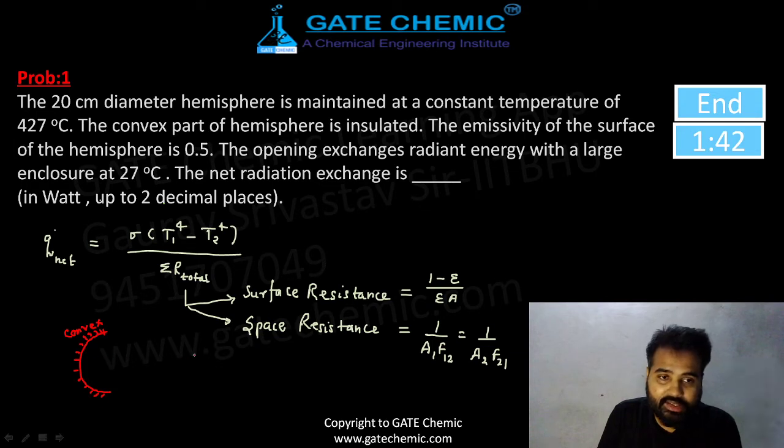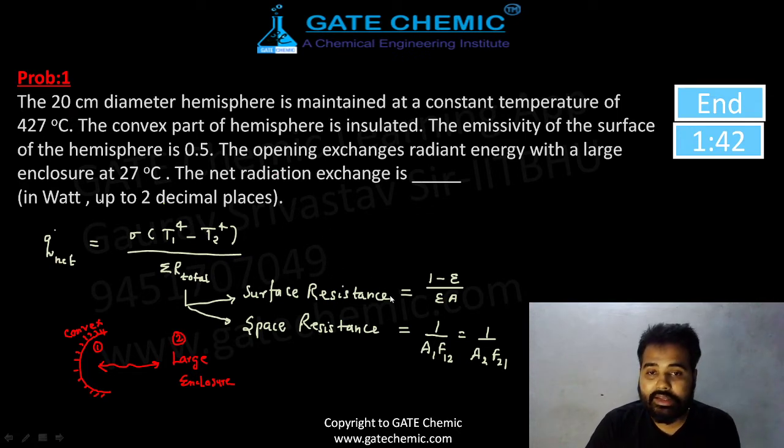This is present in a large enclosure and exchanging heat with this large enclosure. You can write this inner side as surface number 1 and this large enclosure as surface number 2. So I hope now you all will give me the answer. Come on everyone. Last 100 seconds.